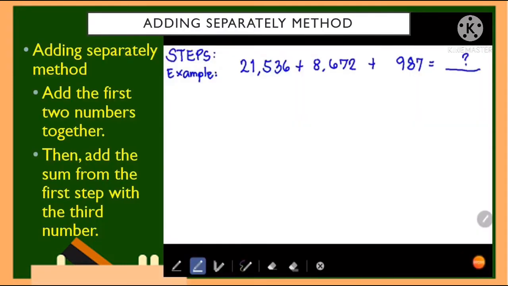So you can also refresh your learnings. The first one is the adding separately method. These are the steps again: add the first two numbers together, and then add the sum of those two numbers with the third number. To understand more about those steps, you need to listen to Teacher JP number 2.